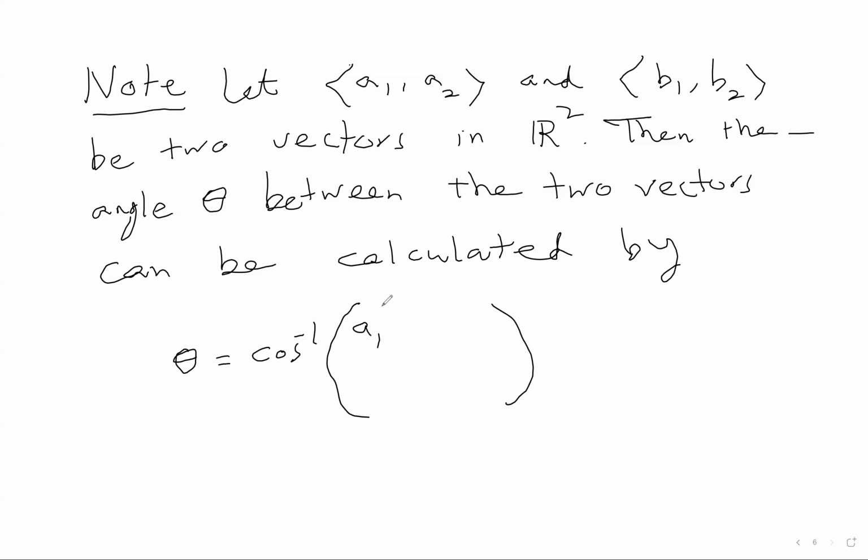A1 B1 plus A2 B2 divided by the length of the first vector, which is the radical of A1 squared plus A2 squared, times, in the denominator, the length of the other vector, radical of B1 squared plus B2 squared.